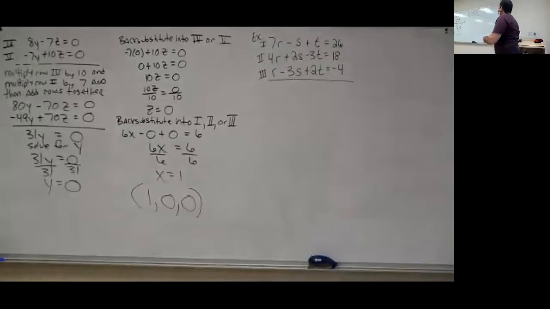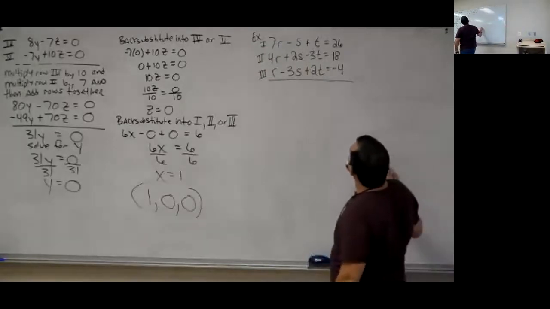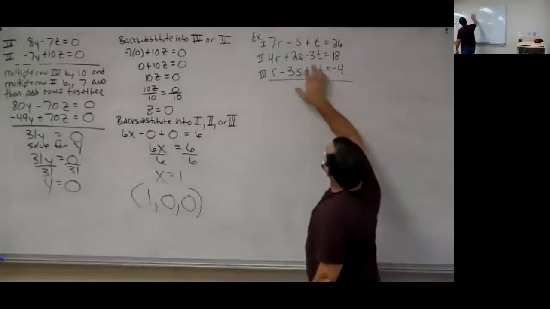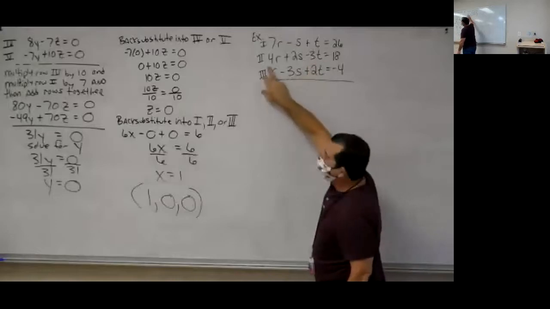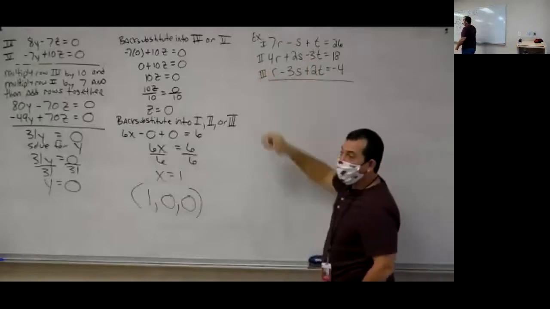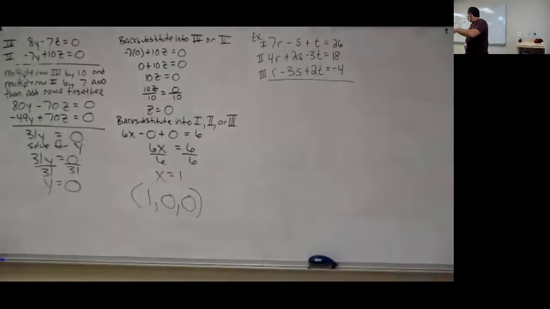So anyone got any picks of any letters you want to eliminate? I'd say the S's and T's are about the same to me, and both probably look a little easier than the R's. But you got 7s and 4s on that R, so that might be a little crazy for an LCD type thing.